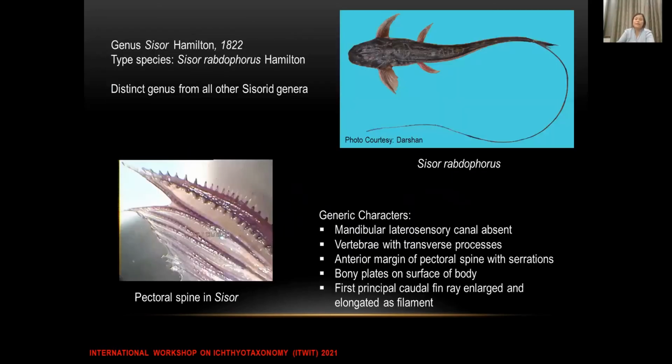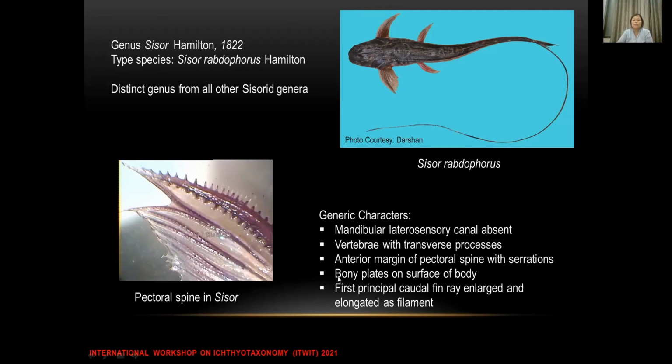Then coming to the genus Sisor. Actually, Sisor is the type genus of Sisoridae. The type species of the genus Sisor is Sisor rabdophorus Hamilton, and it is very distinct from all other sisorid genera in the absence of the mandibular laterosensory canal and in having vertebrae with transverse processes.